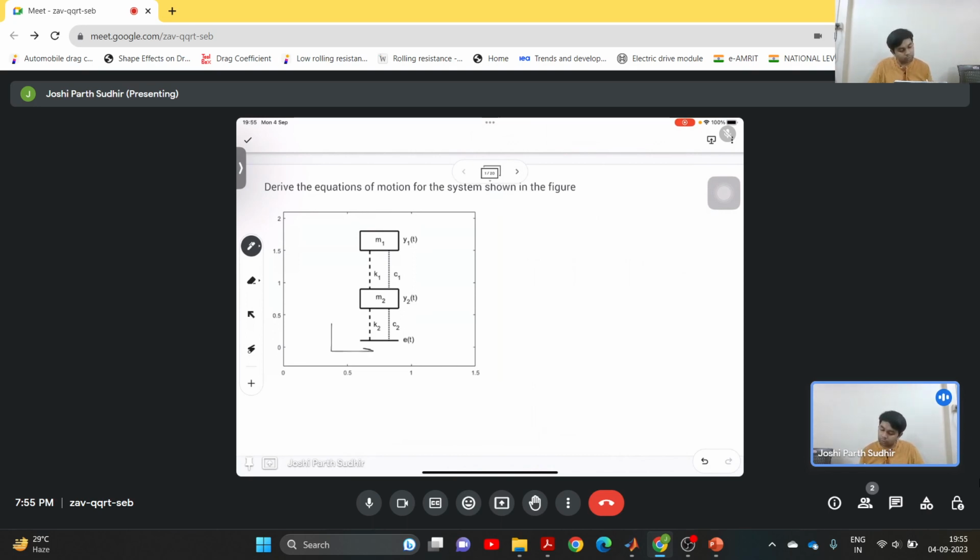So let us assume a coordinate system of this form where upward displacement is positive. So let's draw the free body diagram of the masses. So we will assume that y1, y2 are with respect to the equilibrium position of the masses.